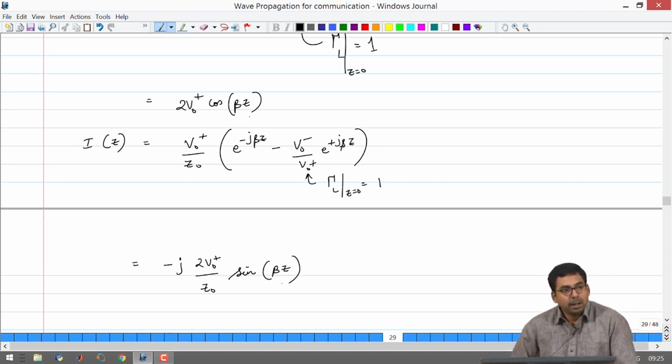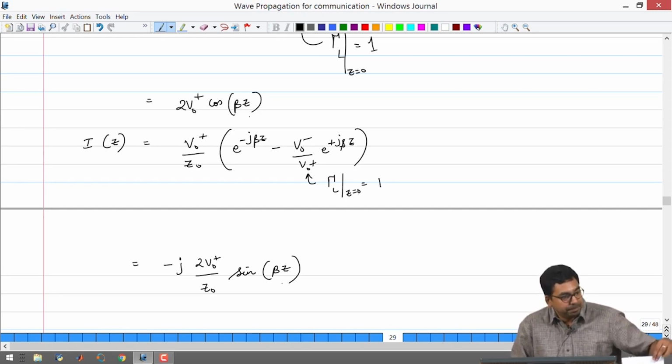So, when your load is open circuited, depending upon the position, you will have a voltage of the form 2 V naught plus cos beta z, and the current is going to be minus j 2 V naught plus divided by Z naught sin beta z. In this case, there are a few things that should be very clear.